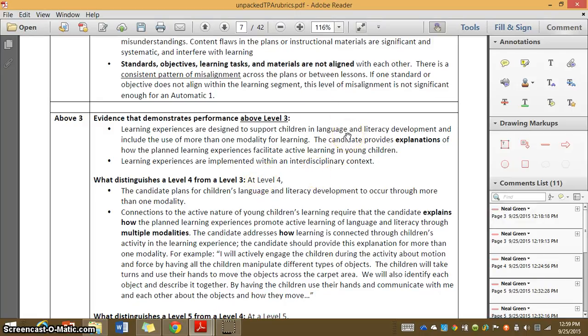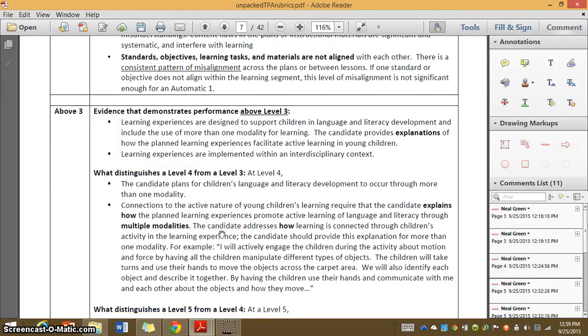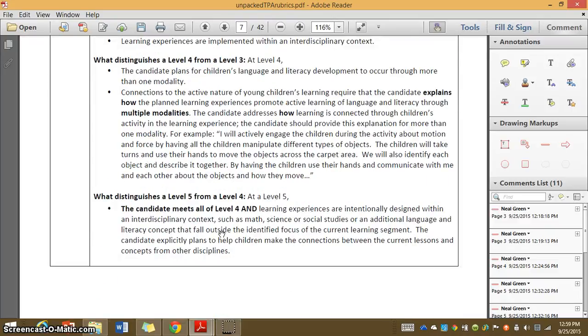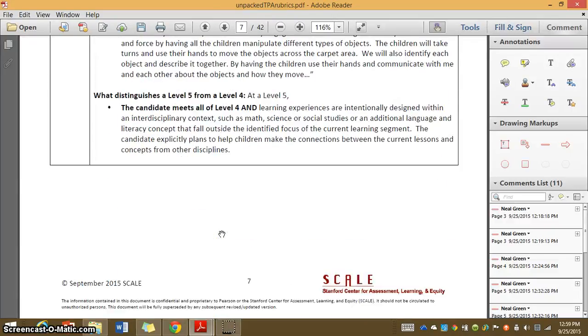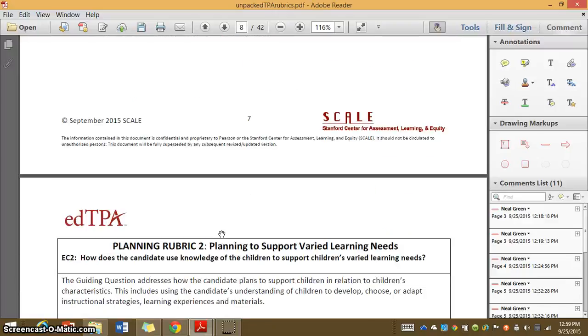The language and literacy development components are there, and include the use of one or more modalities for learning. Okay, and then from above the 3, they dig even deeper into explanations and what distinguishes a 4 from a 5, and it goes on and on. So you know exactly what you have to have.